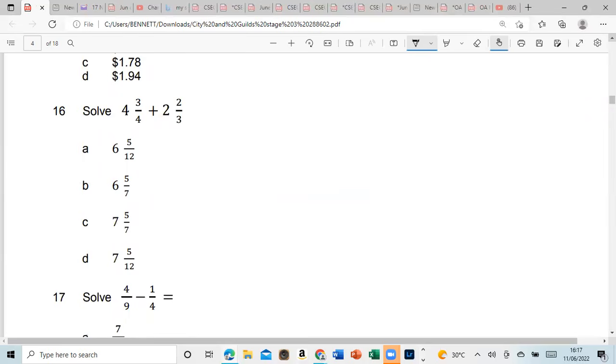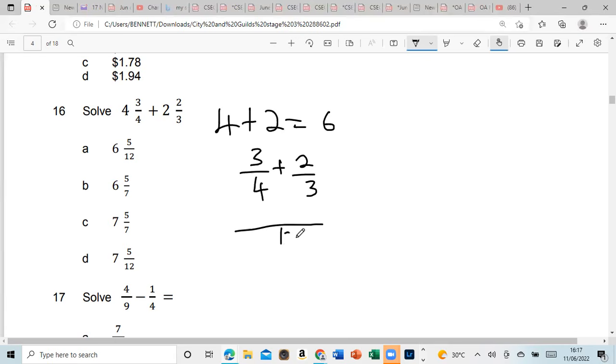Solve 4 3/4 plus 2 2/3. We're going to add the whole numbers. 4 plus 2 is equal to 6, and then 3/4 plus 2/3. LCM will be 12. 4 into 12 is 3, 3 times 3 is 9. 3 into 12, 4.